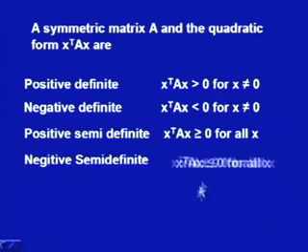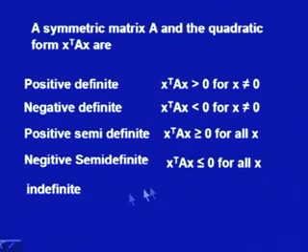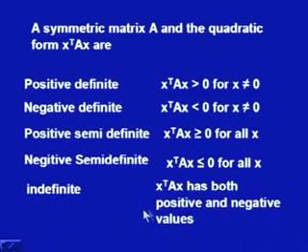Negative semi-definite when x transpose Ax is negative or 0 for all x, and we say the form is indefinite if we cannot determine the sign of x transpose Ax. If it is always positive, we call it positive definite. If it is always negative for non-zero values of x, we call it negative definite.